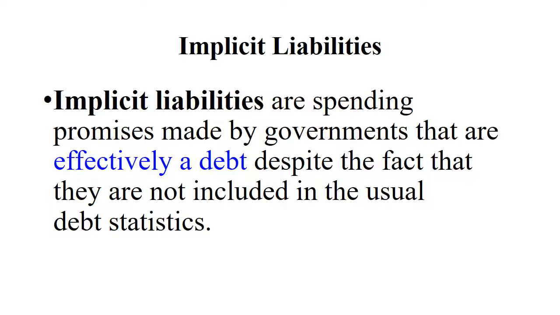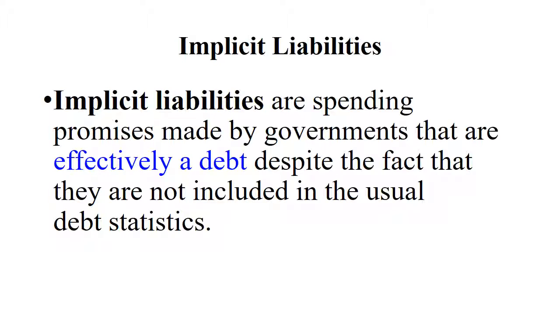Implicit liabilities are the last part of the puzzle because we have current liabilities right now. So we're paying down some of our loans, we're paying interest on some of these loans. There are some citizens that are currently taking money out of Social Security and Medicare and things like that. But we have implicit liabilities, which are these future liabilities that we've already promised but haven't started paying yet in full.